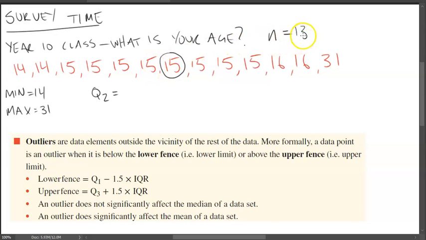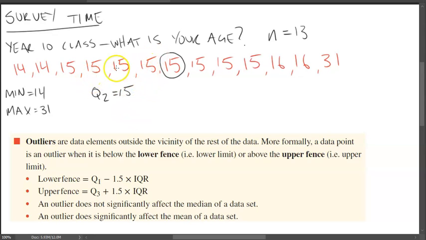How I knew it was straight away the 7th one: I took 1 away from 13, which is 12, and I divided 12 by 2 to give me 6. That meant that there was going to be 6 on one side and 6 on the other side. So the 7th position had to be the Q2, or our median. In this case, our median is 15.